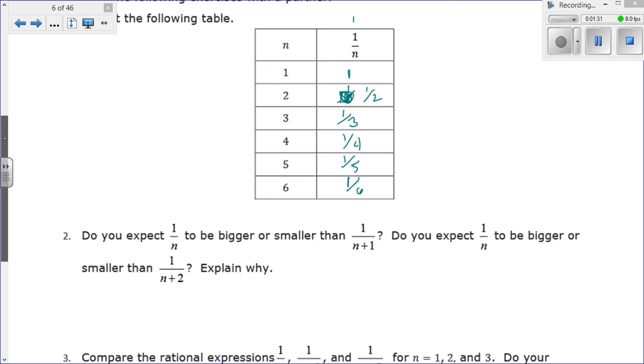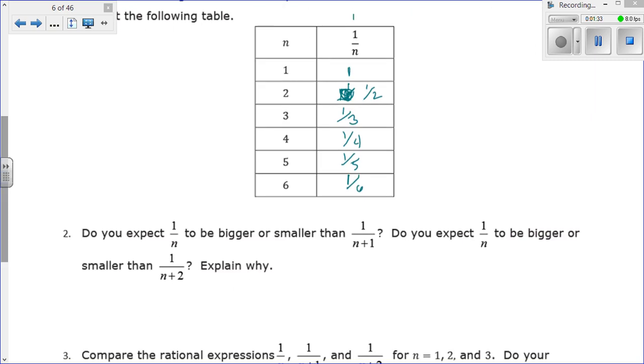So, using this chart, do you expect 1 over n to be bigger or smaller than 1 over n plus 1? Do you expect 1 over n to be bigger or smaller than 1 over n plus 2? And explain why. Well, when we're talking about fractions, one thing we have to understand is the larger the denominator, the smaller the fraction.